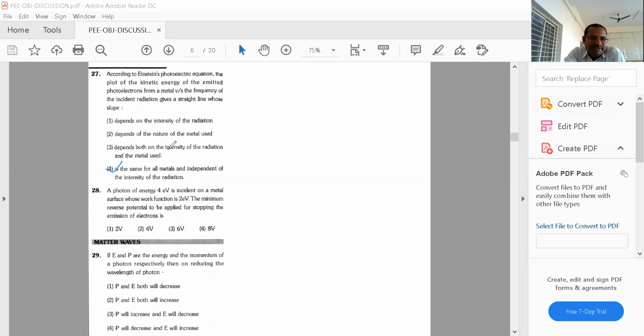Next, question number 28. A photon of energy 4 electron volt is incident on a metal surface whose work function is 2 electron volt. The minimum reverse potential to be applied for stopping the emission of electrons.